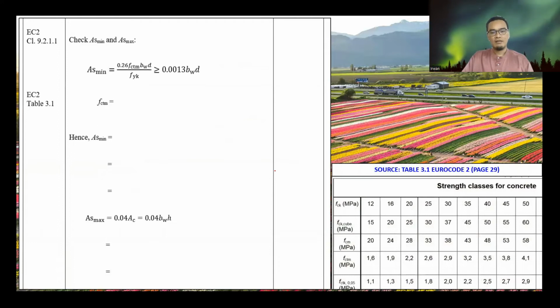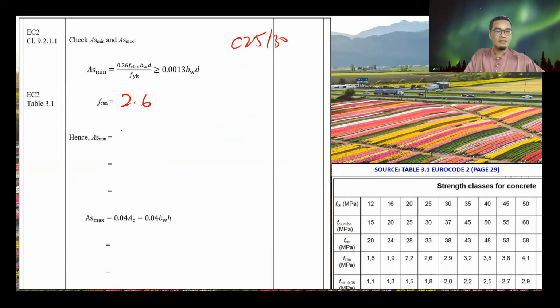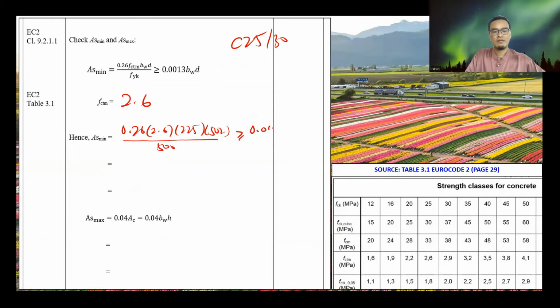So by referring to table 3.1, what is the value of fctm for concrete class C25/30? 2.6. So you can settle this one. It must be greater than this one. 225.